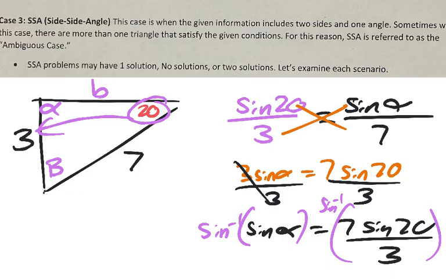I think. This is 3. Opposite 3 is 20. Is that right?